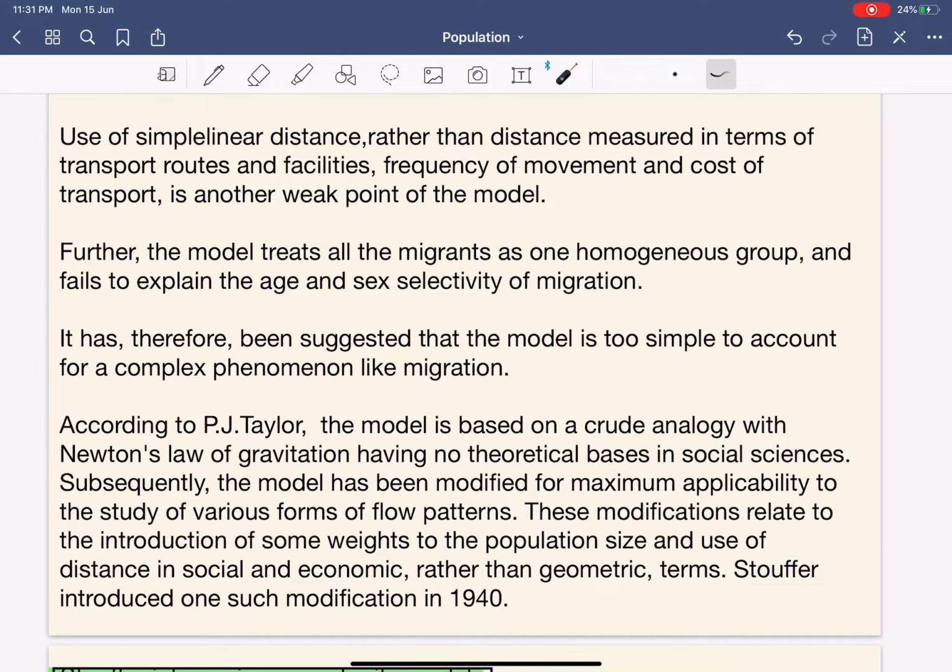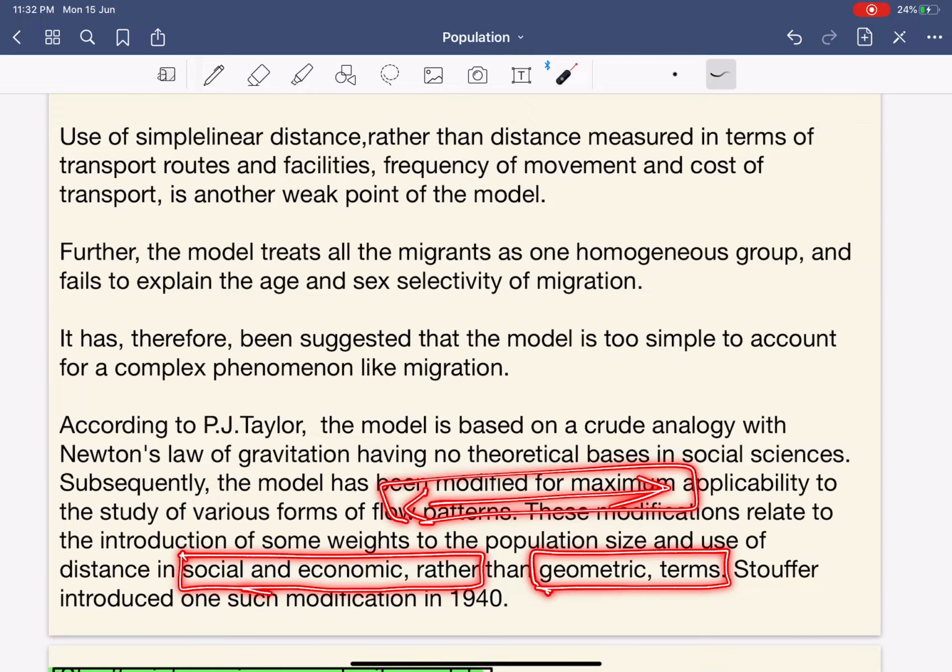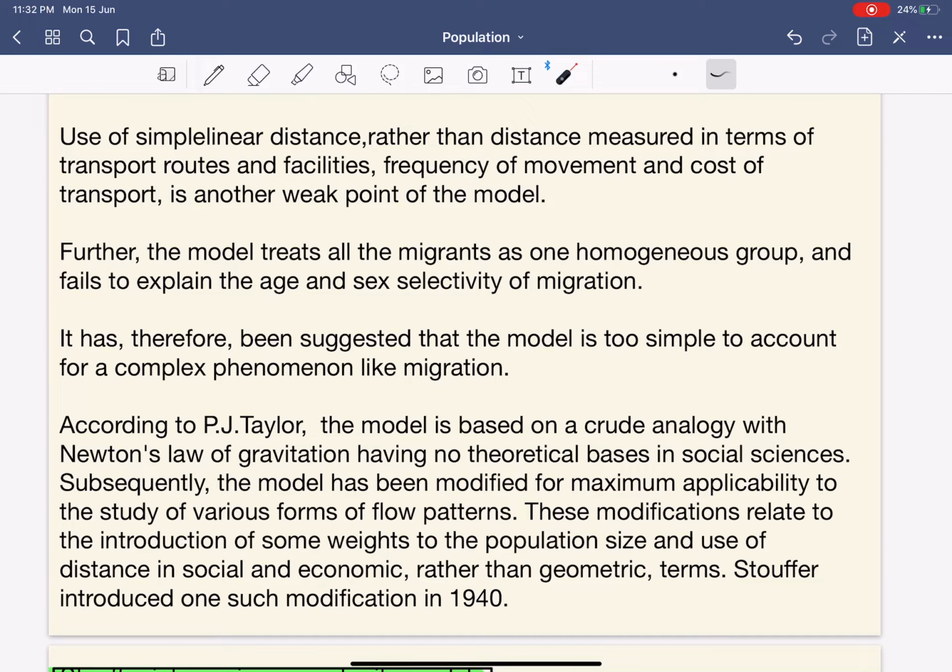Economic means that we are interested to earn more, that again becomes one of the factors. So here there has been a modification in which we have included socio-economic terms rather than geometric terms. Geometric terms means simply this is a distance that we have to cover. Why we are covering this distance is not being said by the gravity model. Hence, we modified this gravity model by taking into account the socio-economic distance.